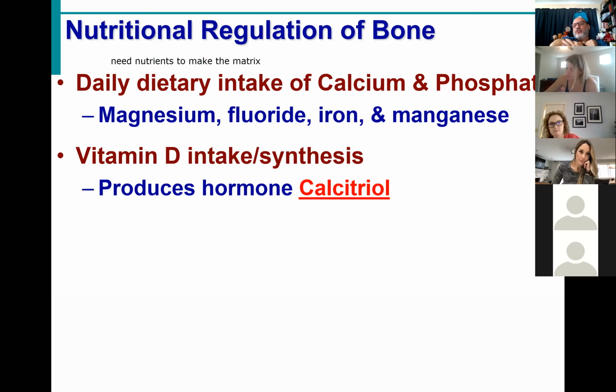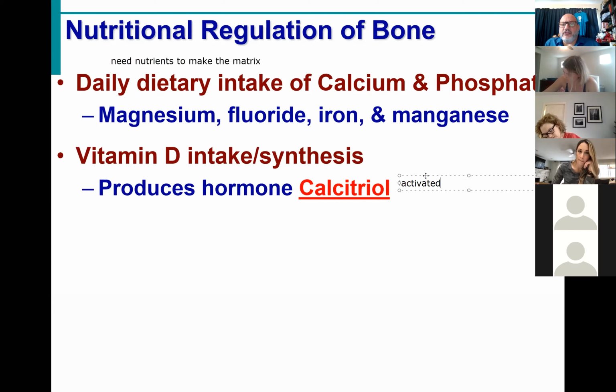Basically, you have a cholesterol in your skin that, when exposed to sunlight for only about 10-15 minutes a day, gets converted into vitamin D. Vitamin D then, when activated, becomes a hormone called calcitriol.